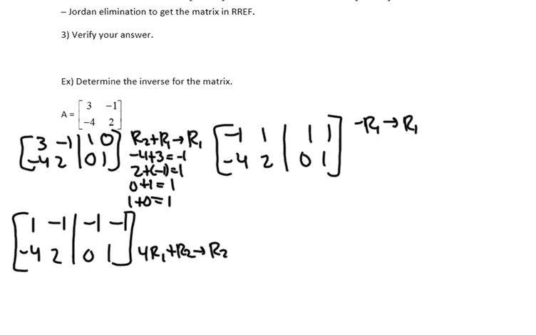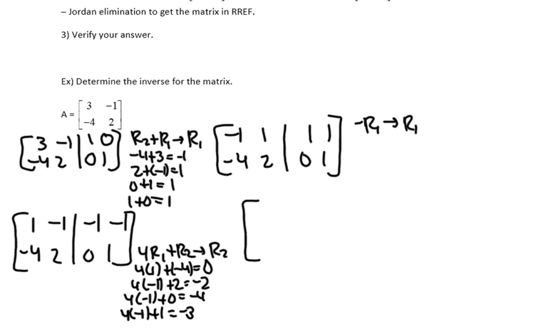Let's do the row operation here. And we'll put this here. Again, row 1 remains the same. Change row 2.